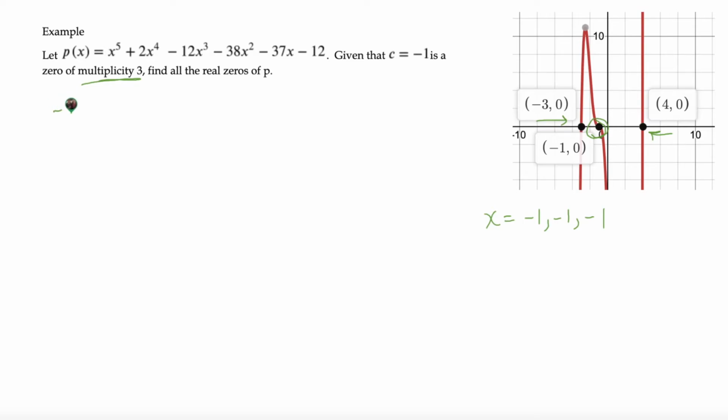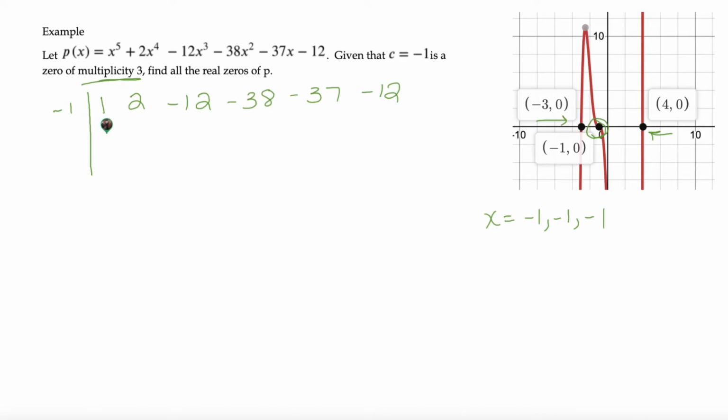I'll start with -1. All right, we'll have 1x to the 5th, 2x to the 4th, -12x cubed, -38x squared, -37, and -12.